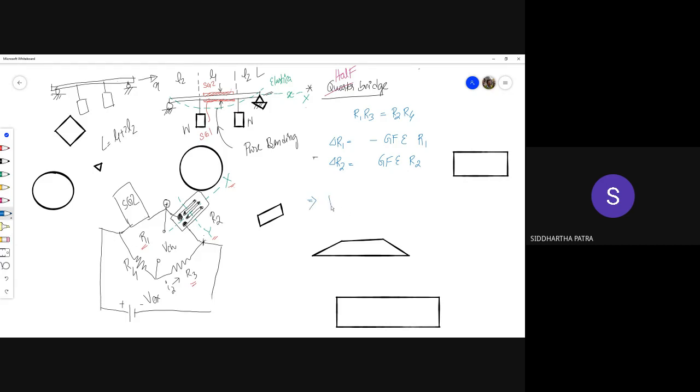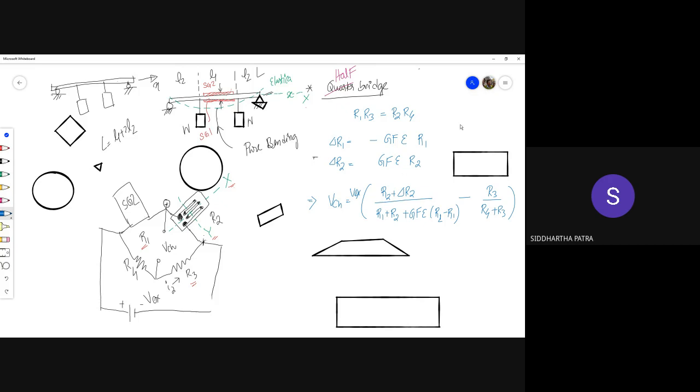So now you have this expression for VCH, which is R2 plus delta R2 divided by R1 plus R2, minus, and here it is still R3 divided by R4 plus R3, times V external.